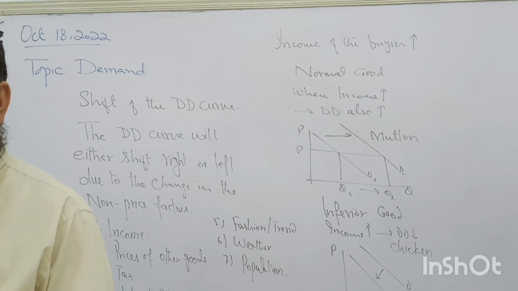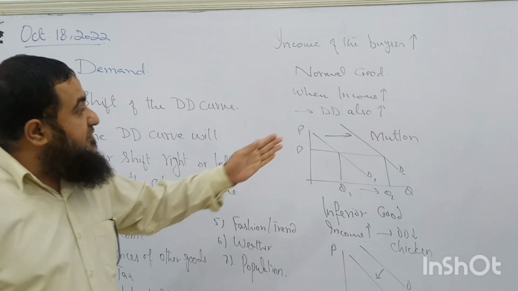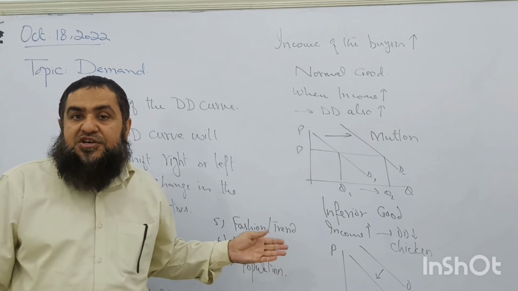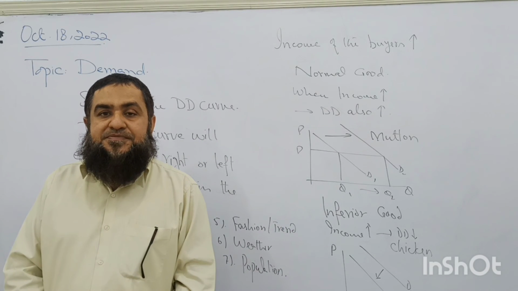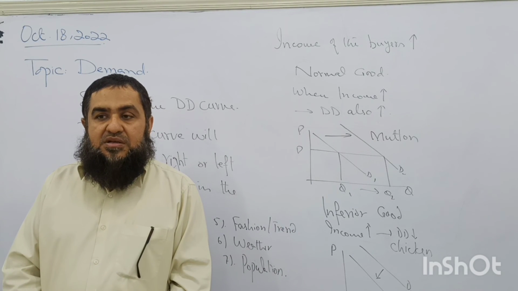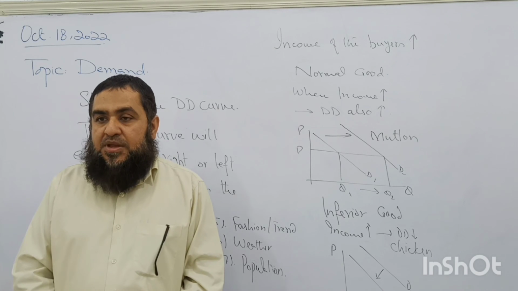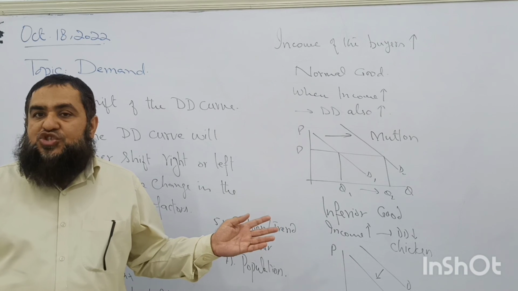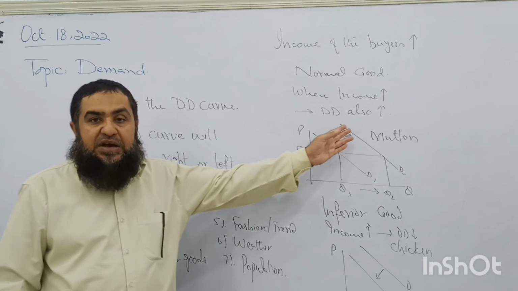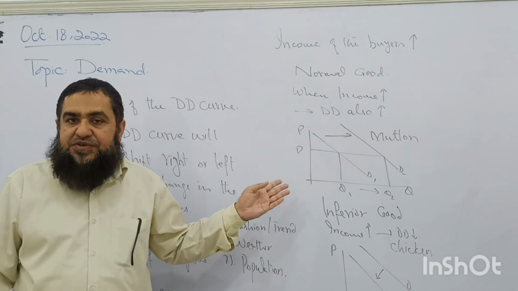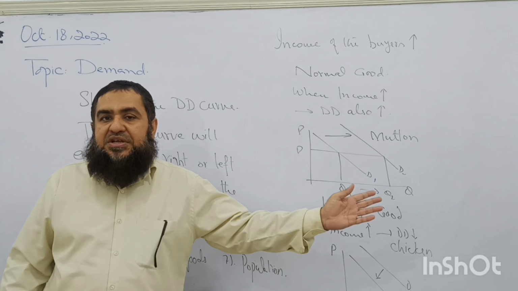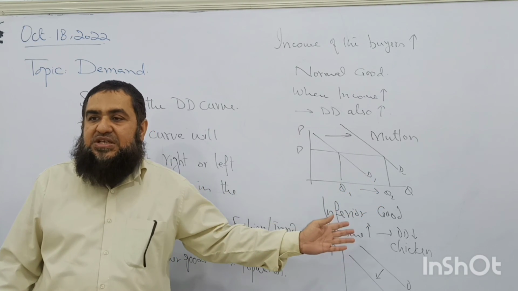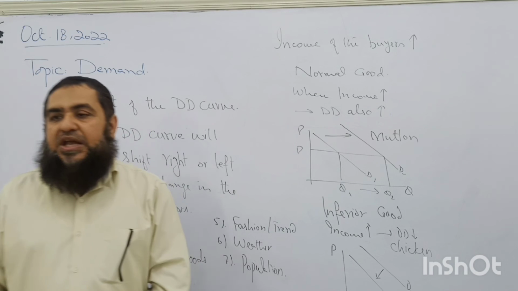After-tax income will decrease. So demand of normal goods will shift downward due to increasing income tax. When tax on income increases, disposable income of the consumers will decrease. Therefore, demand of normal goods will shift down, and inferior goods demand will increase because people are having less income. They will buy more of the inferior goods.